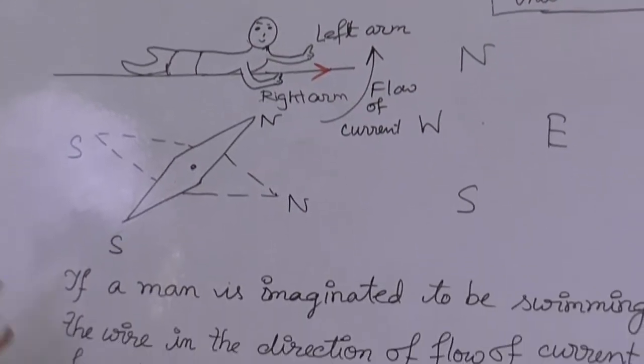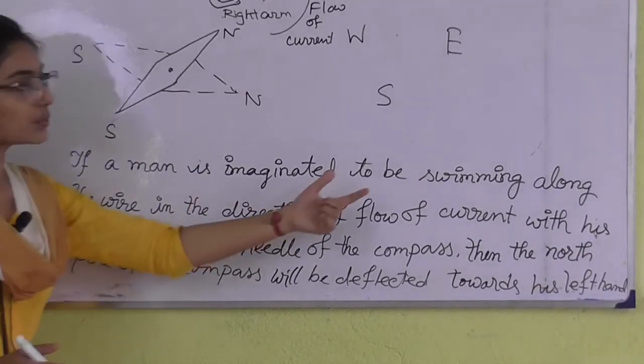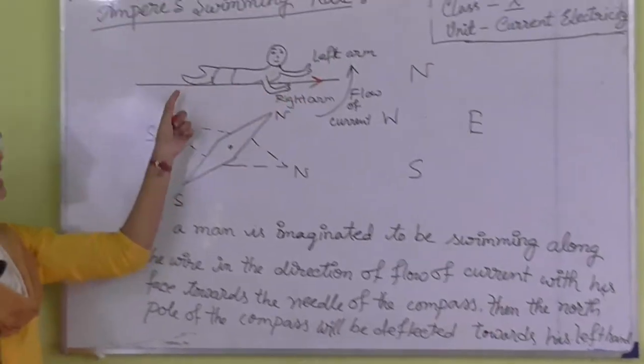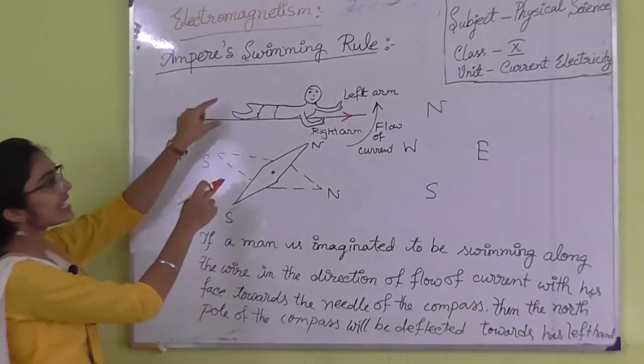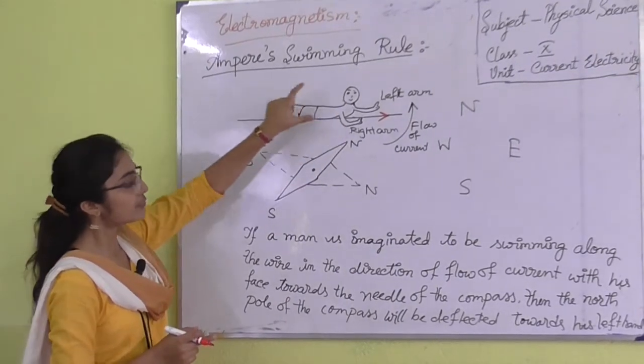The statement of Ampere's swimming rule is: if a man is imagined to be swimming along the wire, so this is the current conducting wire, and current is flowing from his feet to head. Mind it, current is flowing from feet to head.